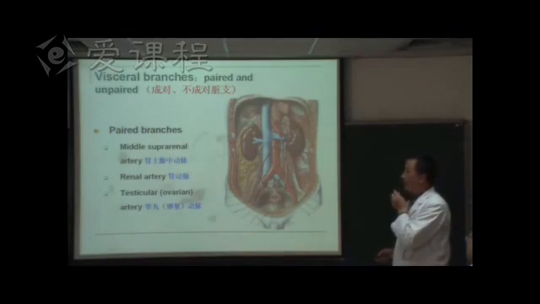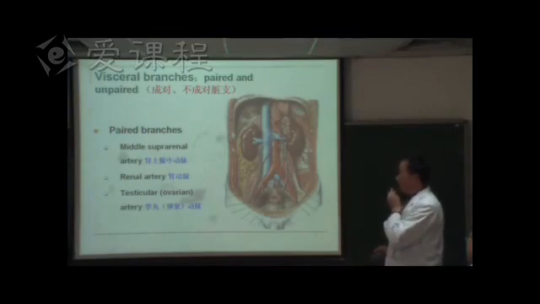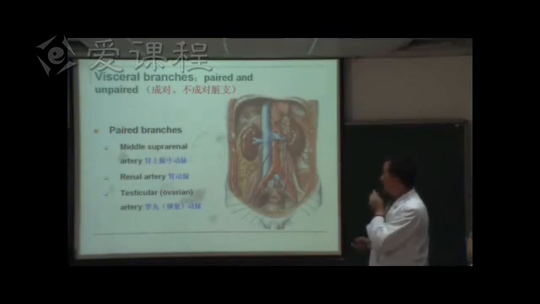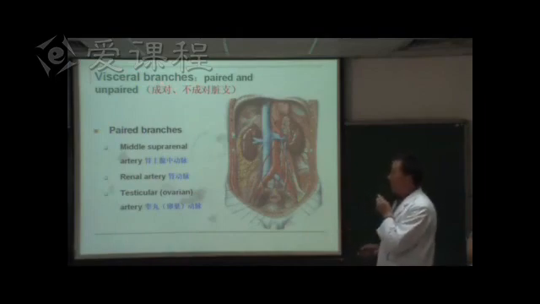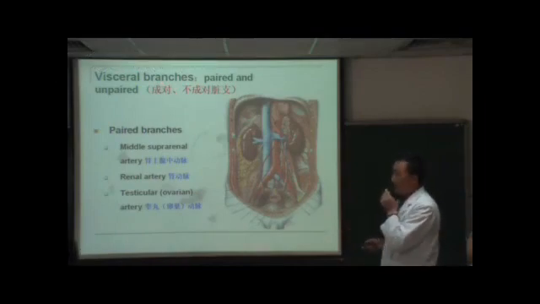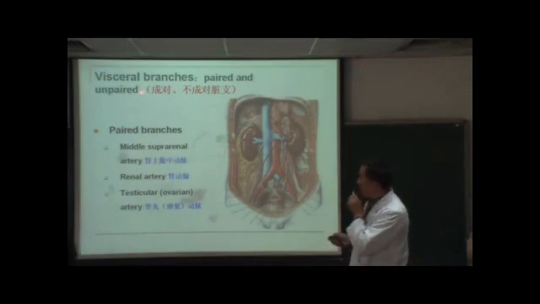And then the abdominal aorta gives branches to the viscera within the cavity. They are called visceral branches. Also, these branches can be divided into two kinds. One is paired, and another is unpaired branches.